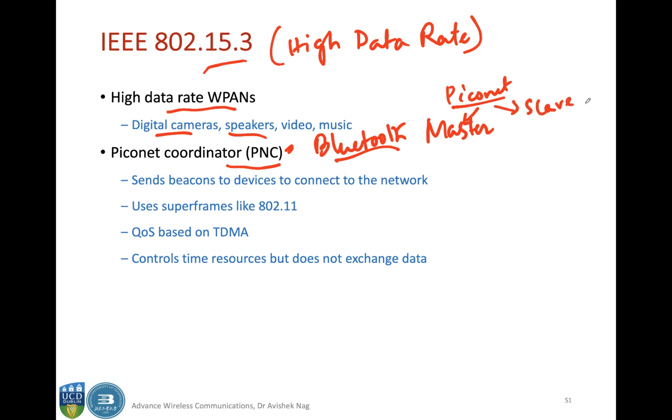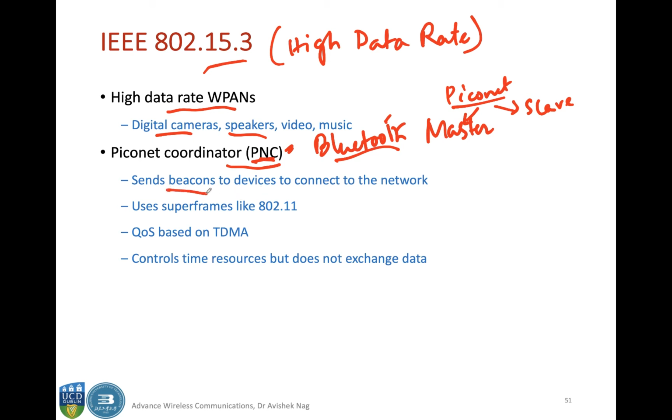So here also, as a part of 802.15.3, you have a piconet coordinator which has kind of similar functionalities as the master of the piconet in Bluetooth. So this piconet coordinator sends beacons to devices to connect to the network.